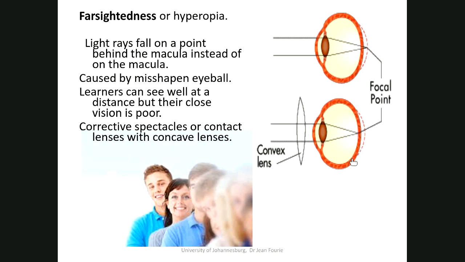Okay, so with farsightedness, learners will see well at a distance, but their close vision is poor, so they will need glasses for reading. And if a child is unable to focus on the work in front of them, their textbook or their screen, they might need spectacles to correct that, and that is farsightedness.